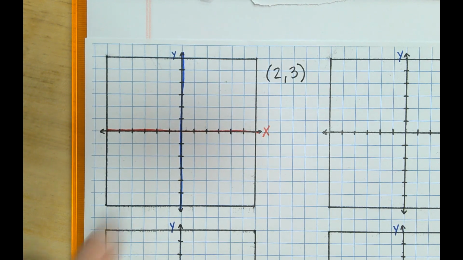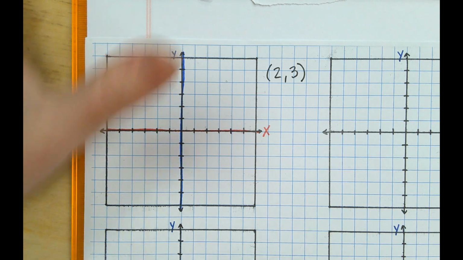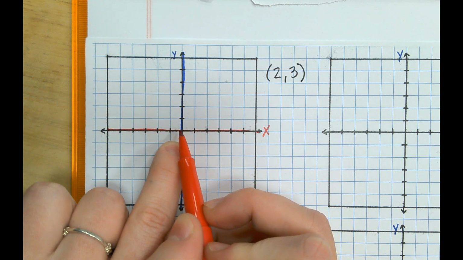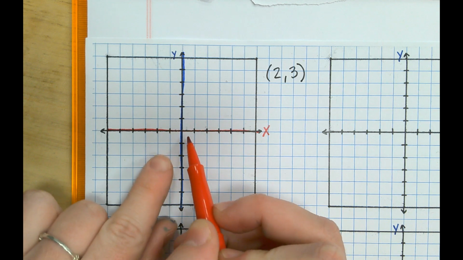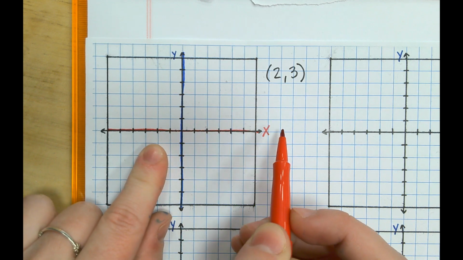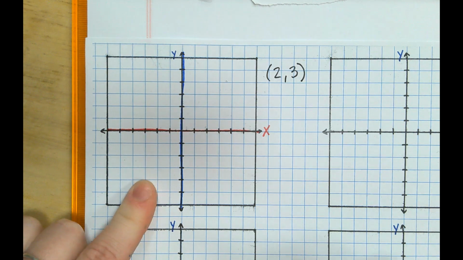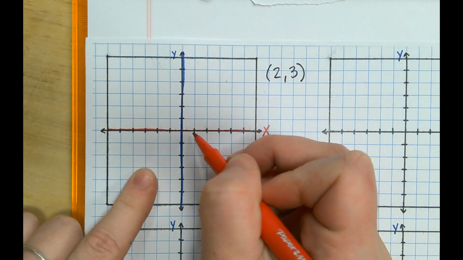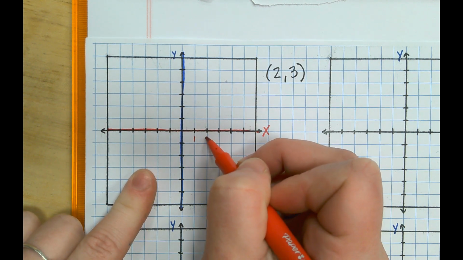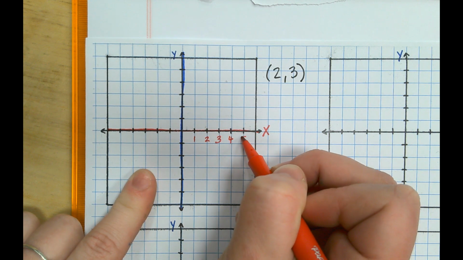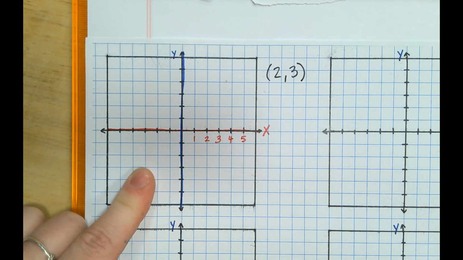On our x-axis, we have numbers starting from 0 here in the middle, and it's like a number line. When we go to the right, we get positive numbers. When we go to the left, we get negative numbers. So I'm going to label those for you: 1, 2, 3, 4, 5, and then it goes on forever, infinity.